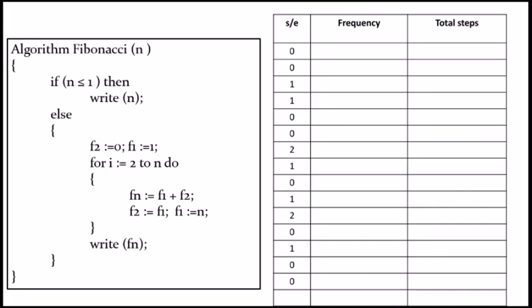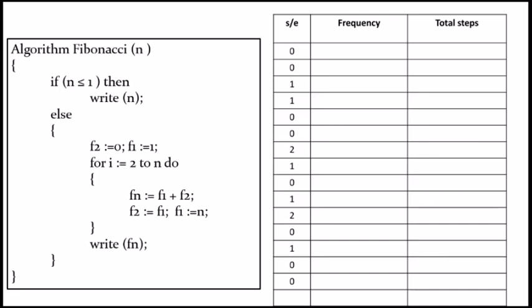Next line, in the same line we are initializing two values, that is f2 equal to 0 and f1 equal to 1. So here there are two steps in a single line, so that's why steps will be 2. Next, for the for loop there will be one statement. So in that for loop, fn equal to f1 plus f2. So this will be one step.